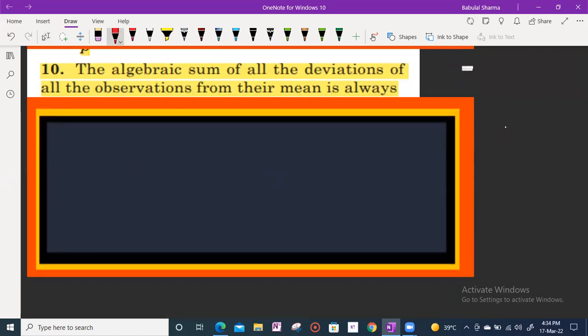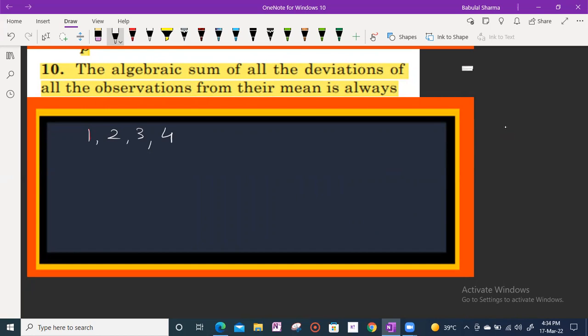The algebraic sum of all the deviations of all the observations from their mean is always, and I am taking an example for the mean. Let me take one example. Let me take 1 and 2 and 3 and 4.